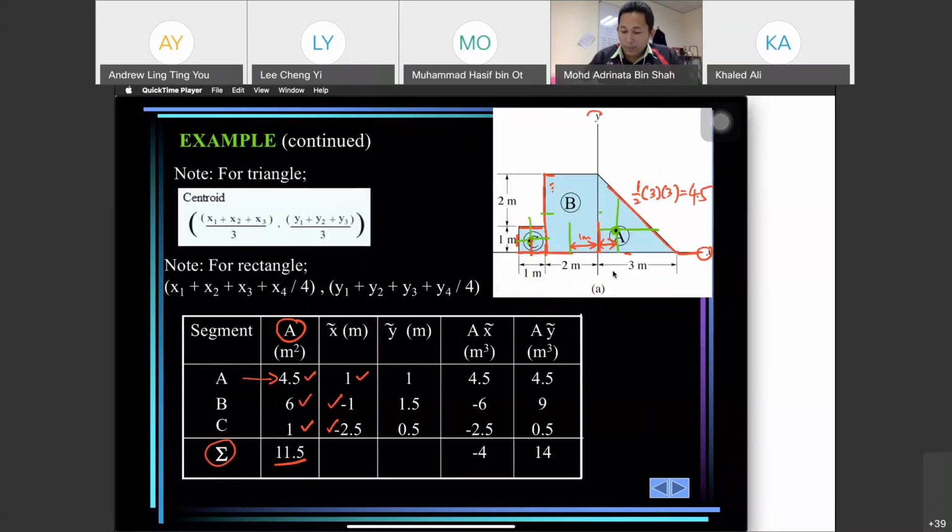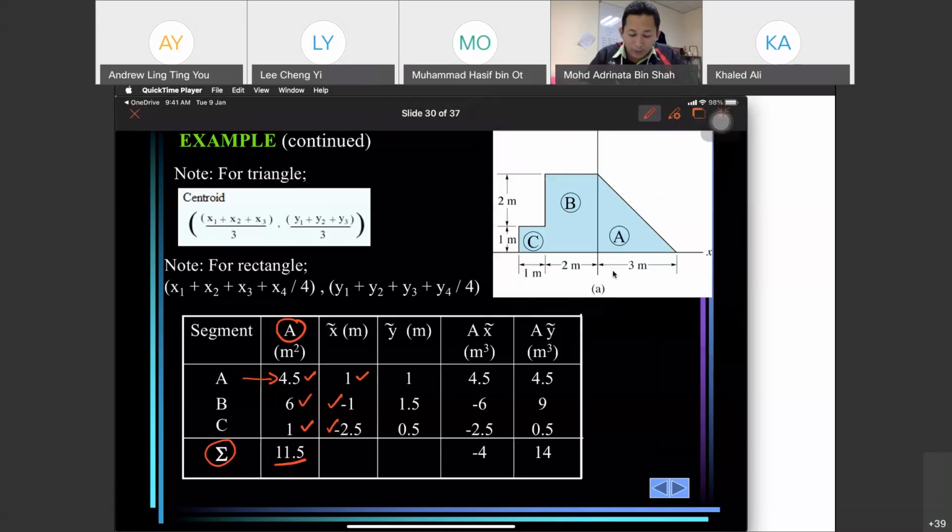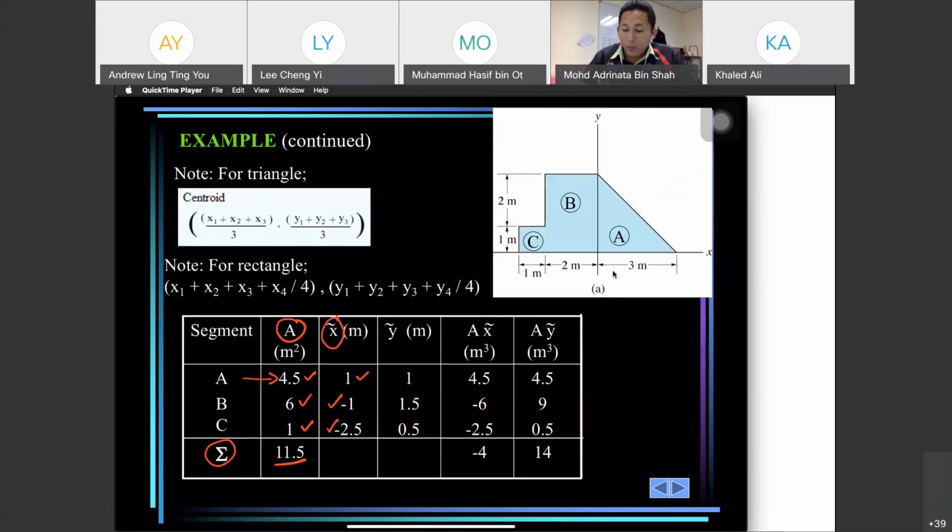We look at y bar. So this is the table that we have. We have finished x bar, now we look at the y bar. We know that x is at the bottom. Looking at our first shape, which is A, A is 1/3, so y bar is 1 meter.